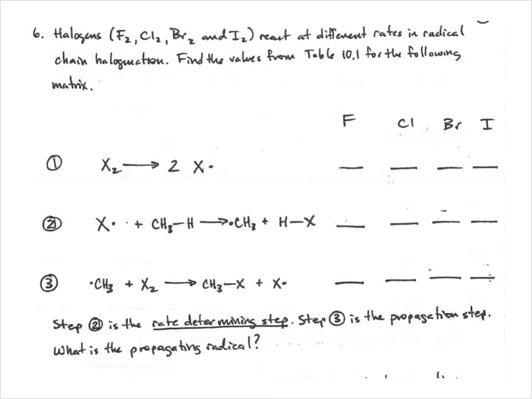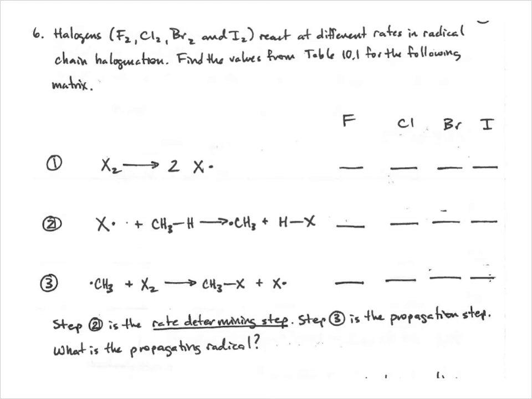And again, what are we doing? Wherever there's an X, we're looking at what the values are when we use that specific halogen. So we're populating these different rows with values from the table using those halogen values. Let me populate the first row.